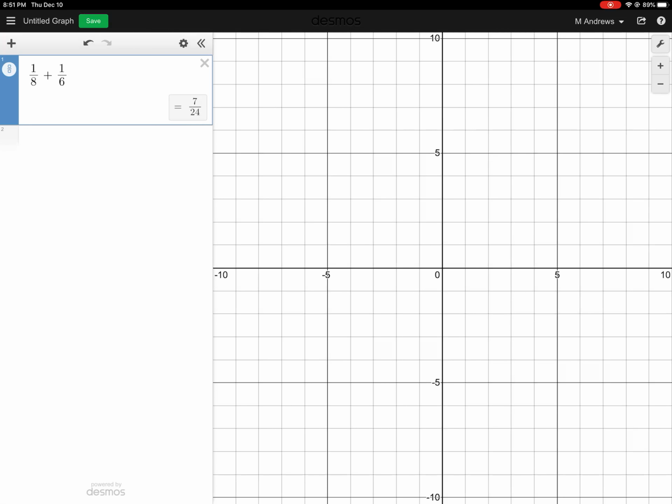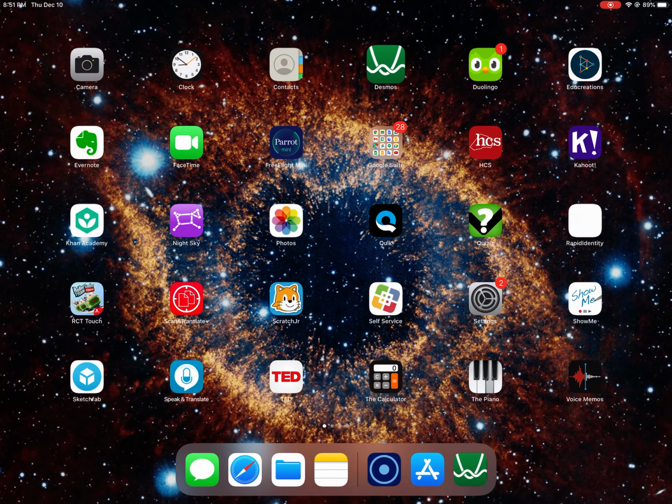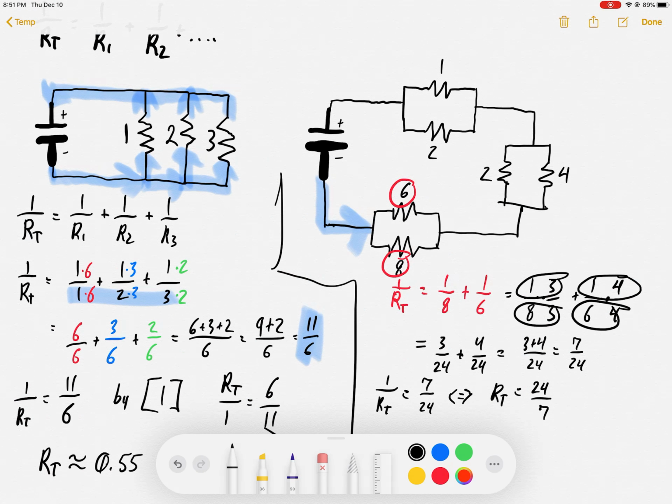Turn it to a fraction. There's your 7 over 24. All right. So what that means is that this parallel circuit acts as if it were a single resistor of 24 over 7 ohms.